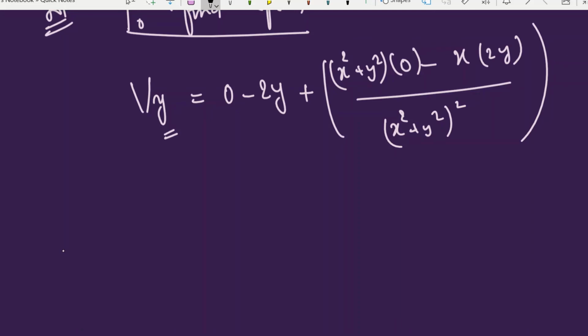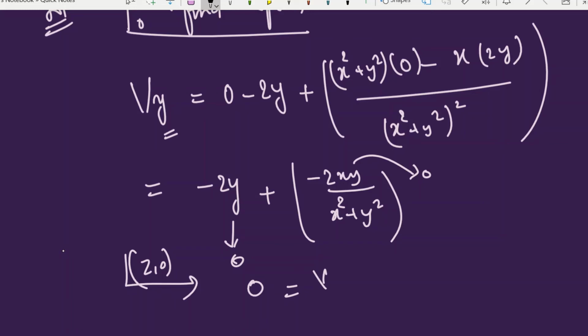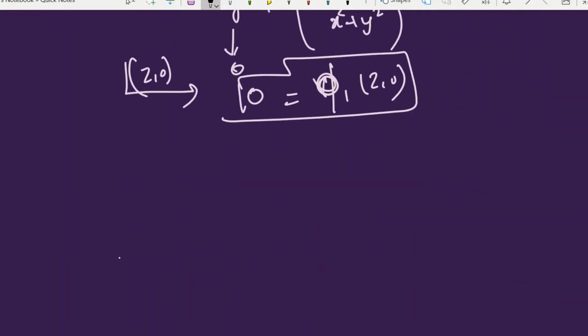Before substituting the point, let me simplify further: minus 2xy divided by x square plus y square, whole square. If I substitute z comma 0 here, what will happen? Here 0 and here 0, so the entire term is 0. So v y, when you substitute the point z comma 0, will become phi 1 of z comma 0.